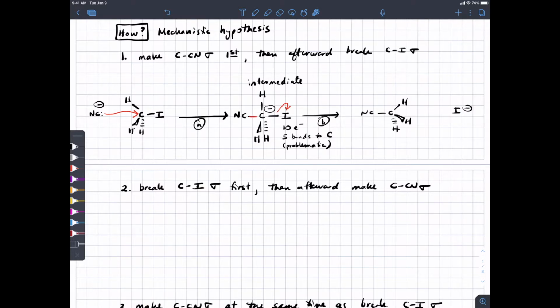But if you had to envision what a transition state would look like for this reaction, presumably it would involve partial formation of a bond between carbon and cyanide. At the same time, maybe the rest of the bonds are rearranging to be closer to what we've got here.